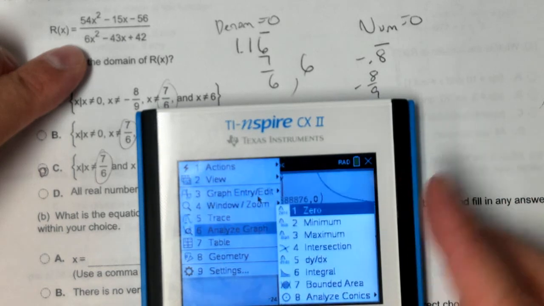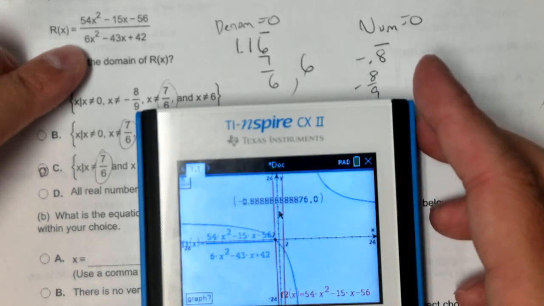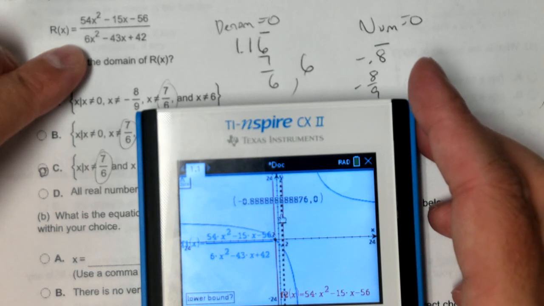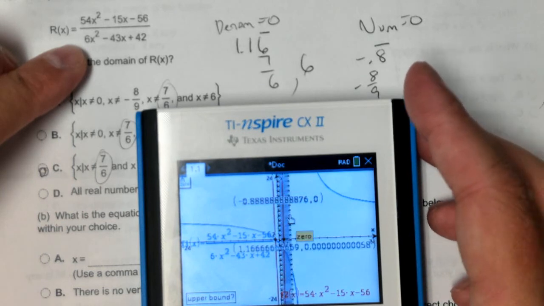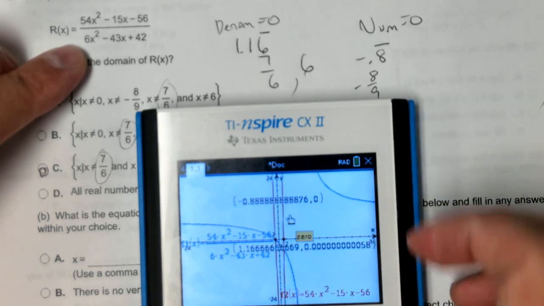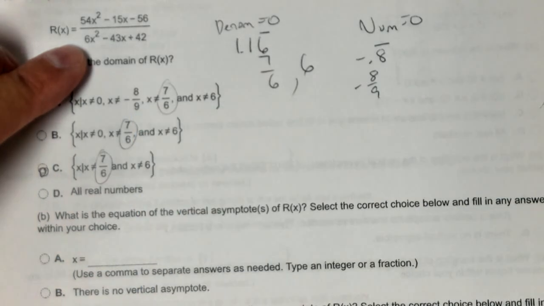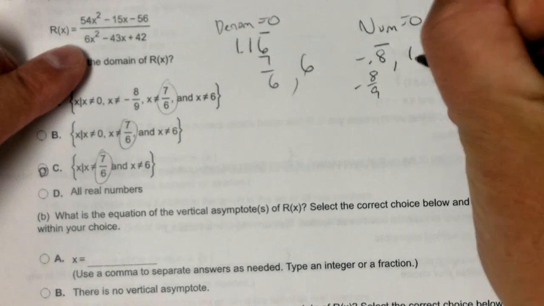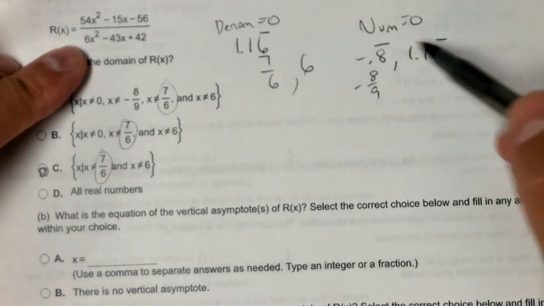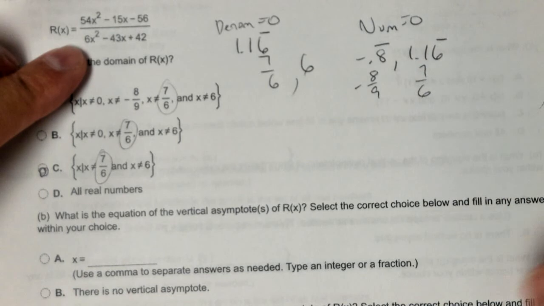The other one, if we go on this graph, and it's from here to here, that's the 1.16 repeat, which was 7/6.